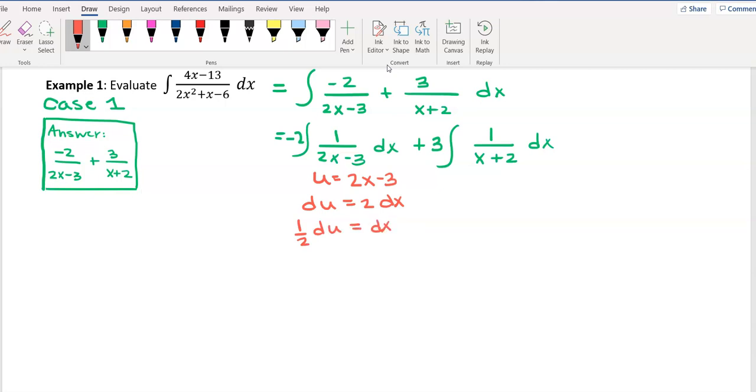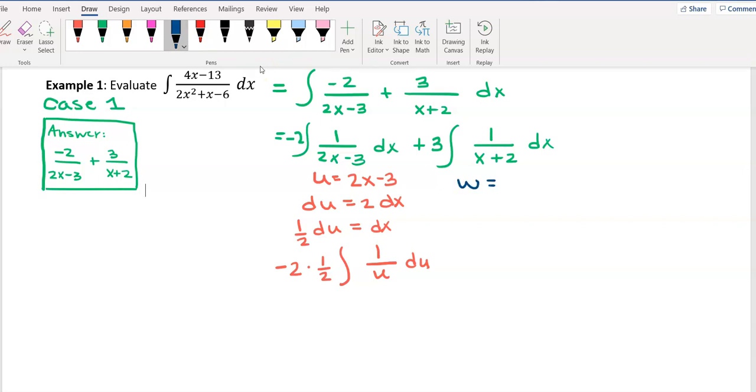Okay, so I can actually rewrite this little integral we have right here as negative 2, and I like to put that 1/2 out in front, parentheses 1 over u du. Okay, now on the other one, because I've already used u, I think I'm going to use w.